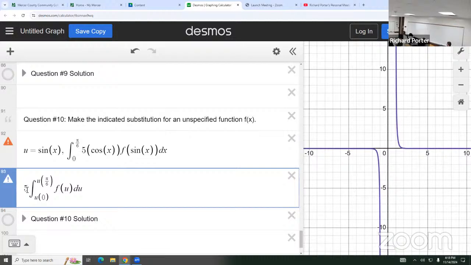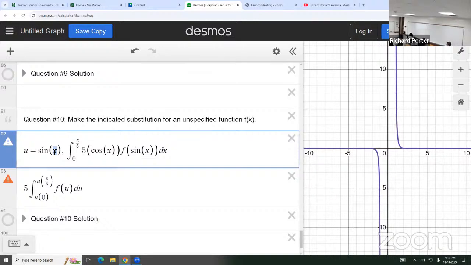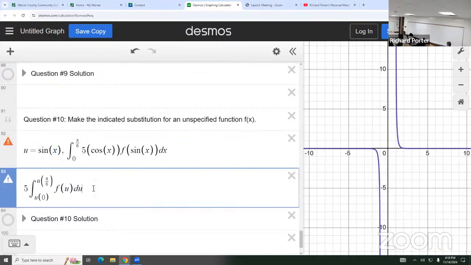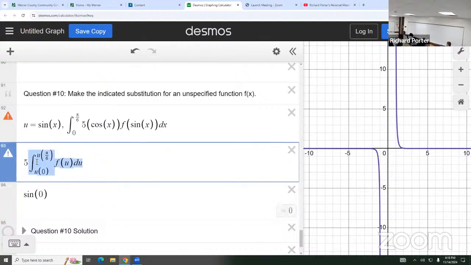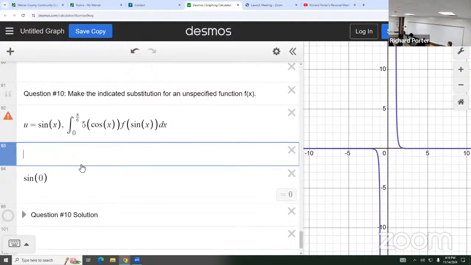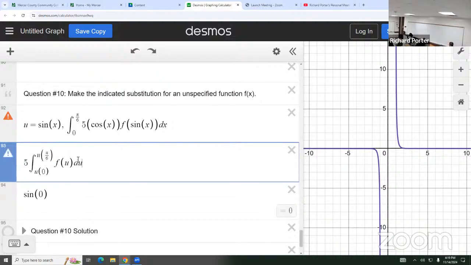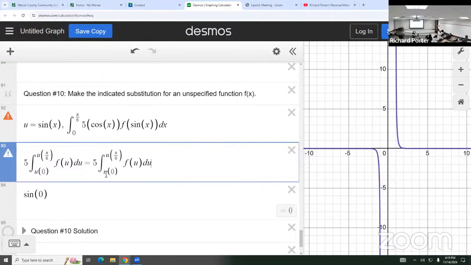You plug 0 into where? Where's that 0 going into? The sine? What's the sine of 0? It is 0. U of 0 is 0.